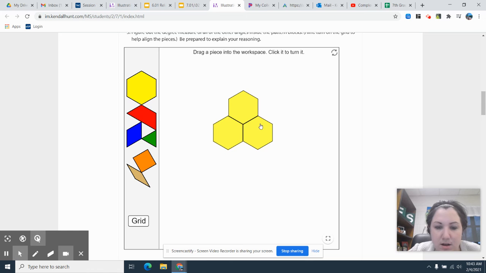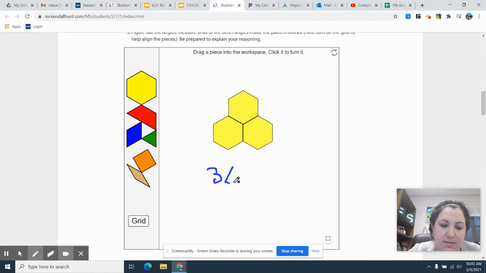So then I've got to figure out, hey, what is the measurement of one of those angles? So I'm going to do 360, because that's the amount of the circle, divided by 3, because there are 3 shapes.